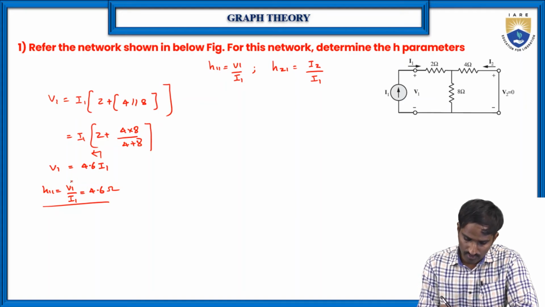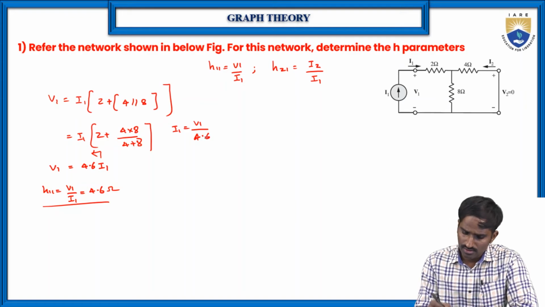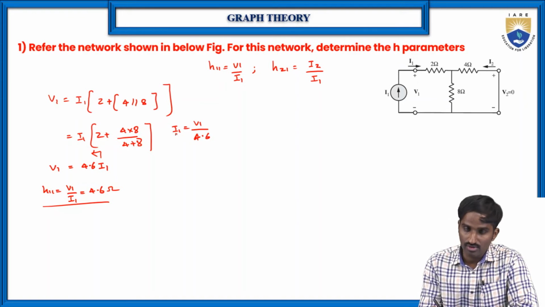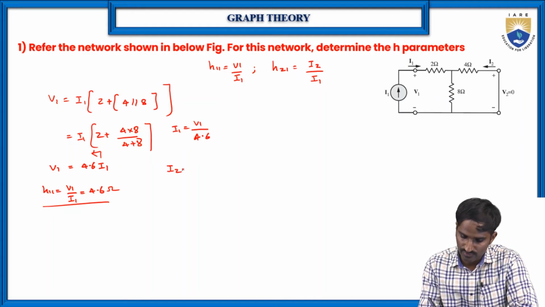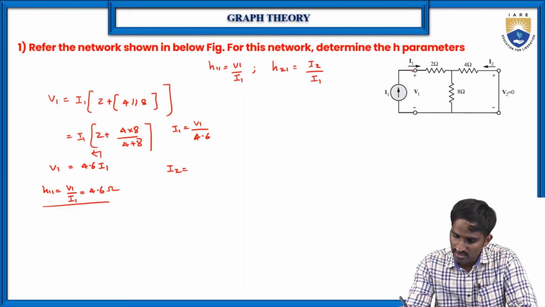Okay, so now from this equation we can find I1. So I1 is equal to V1 by 4.6, right? Then we can find the I2 value in terms of I1, right? So what is the current division? Here the same I1 is flowing through this R. This is the total current.